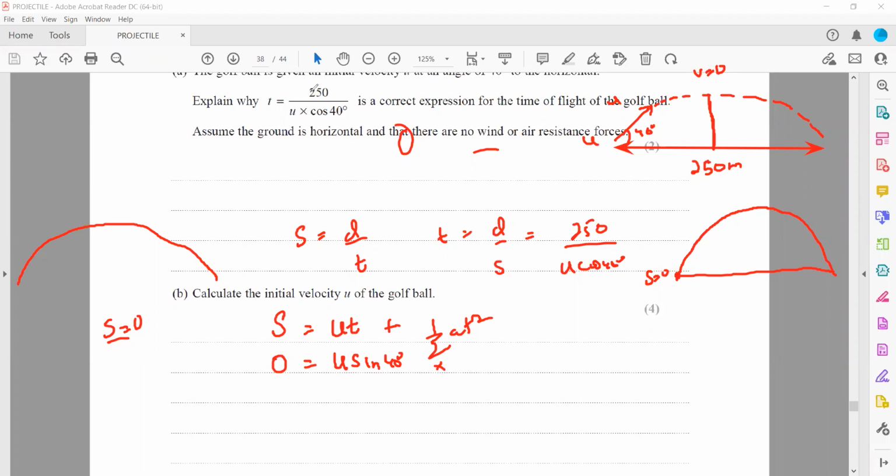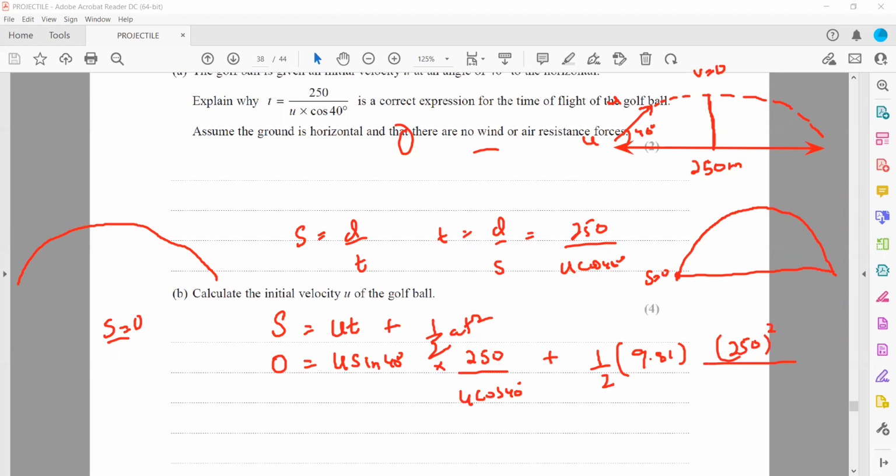What about the time? Here you can see we worked out the expression for the time, which is 250 over u cos 40. Plus half times the acceleration due to gravity, 9.81, for one complete motion. And again the time squared is there, so it will be 250 squared over u cos 40 squared.